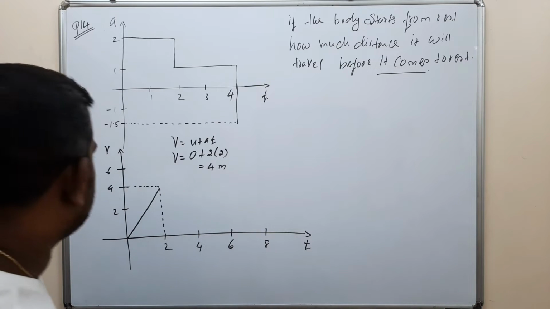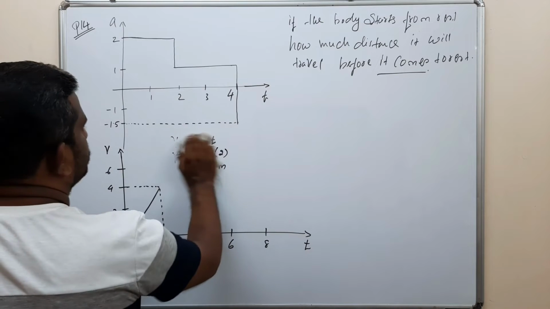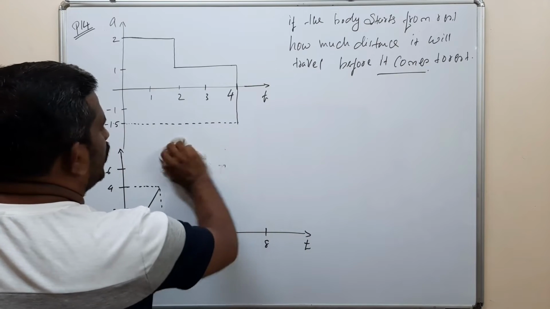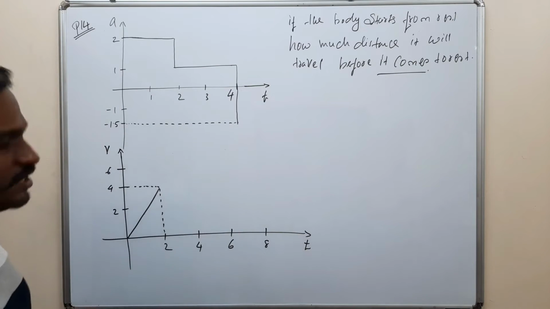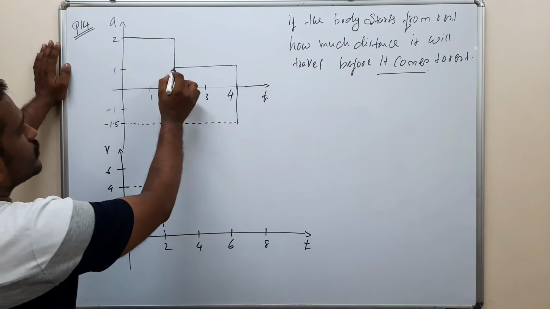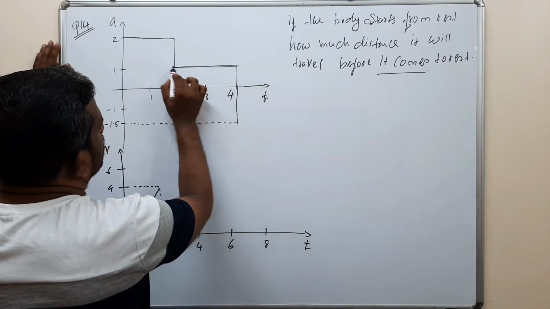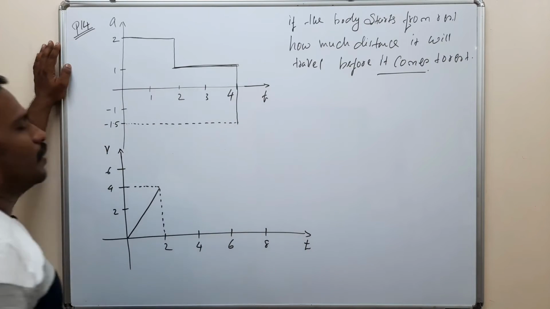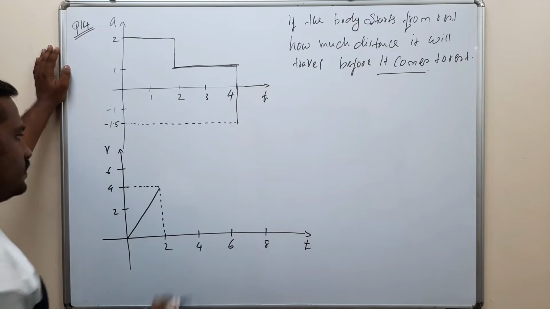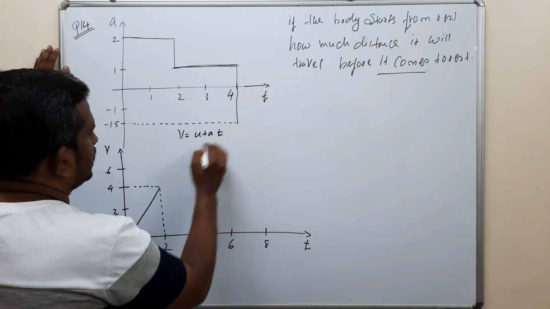Next, from time 2 to 4 seconds, the body moved with the acceleration 1 meter per second square. So v is equal to u plus at.